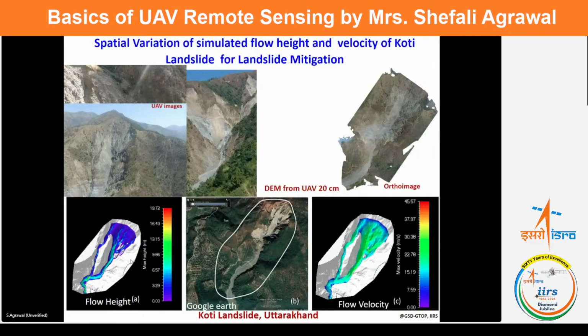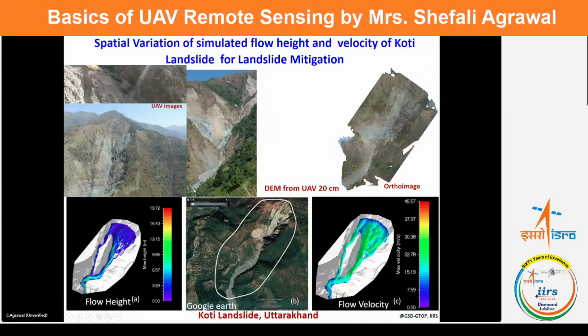Here is another one where we tried to do flow modeling, to estimate what happens if a landslide is triggered. If you see from a satellite-based platform, the satellite collects the data from another view, so the information along the slope is generated, but the accuracies are very poor.